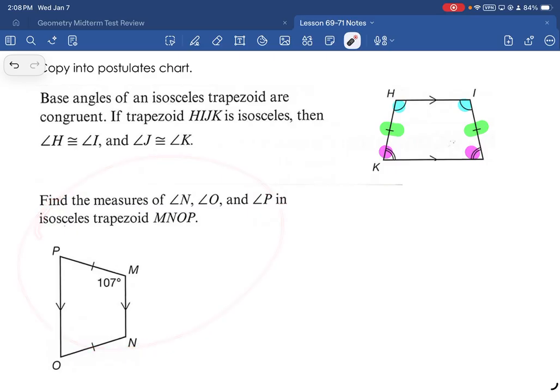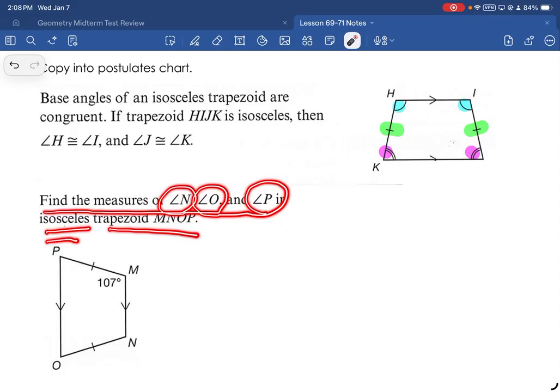So it says, find the measures of angle N, angle O, and angle P in isosceles trapezoid MNOP. Now don't let them trick you.